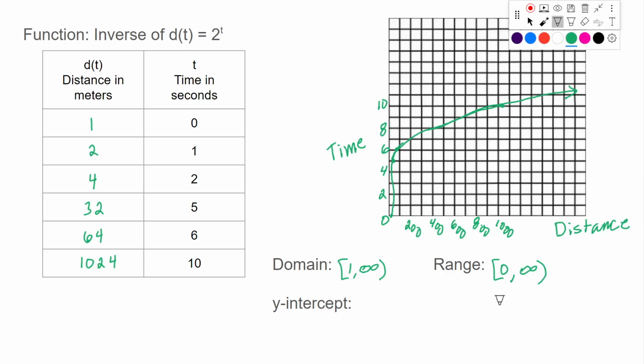And this time we don't have a y-intercept. What we do have is an x-intercept at (1, 0). So switching the input and output of our y-intercept from our function gives us the x-intercept of our inverse.